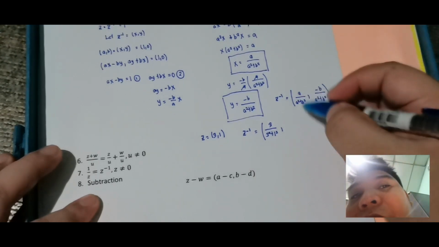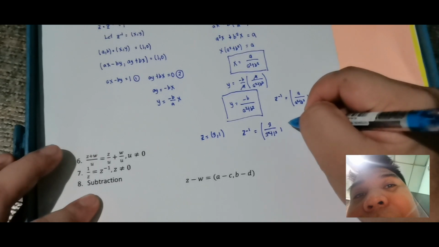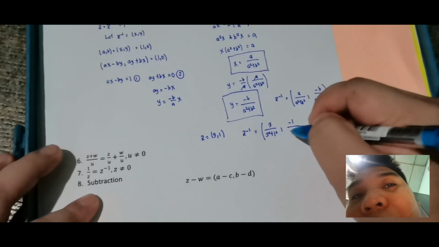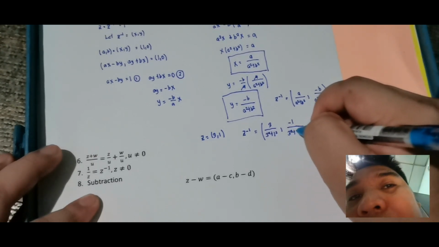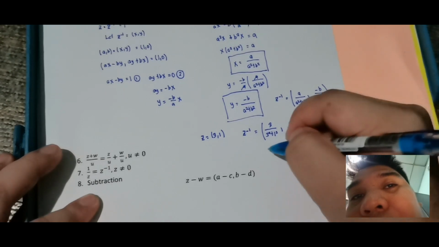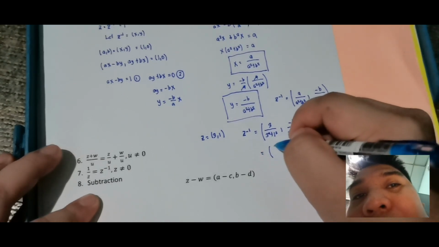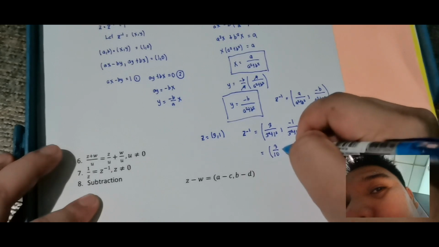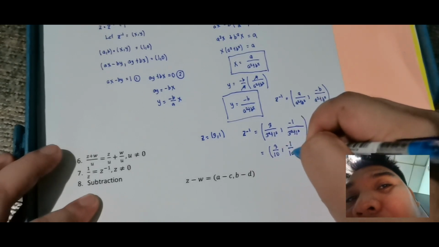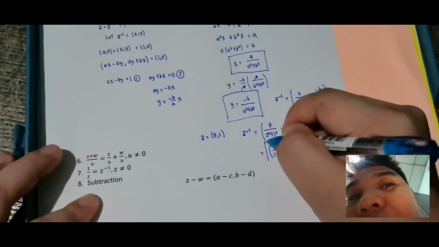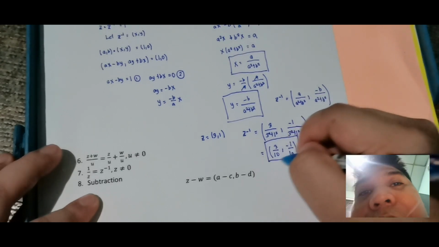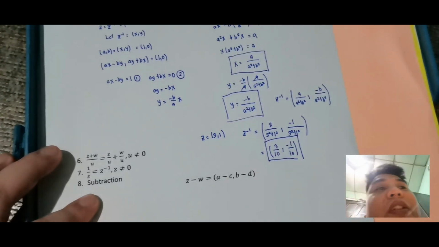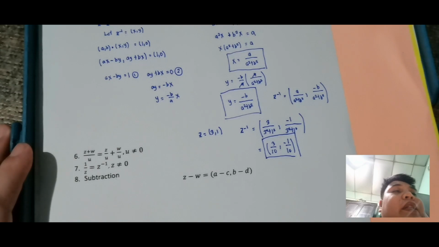Kasi a squared plus b squared. Then, this is negative 1 kasi negative yun, over 3 squared plus 1 squared. Okay, so therefore, ang sagot dito is (3 over 10, negative 1 over 10). So, ito yung kanyang multiplicative inverse. So, kung gusto mo i-try, multiply mo to dito, ang sagot dyan, (1, 0).